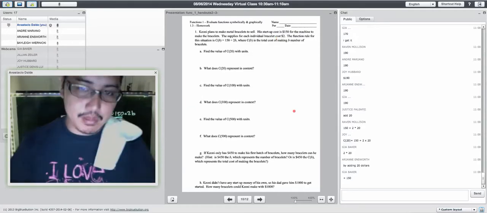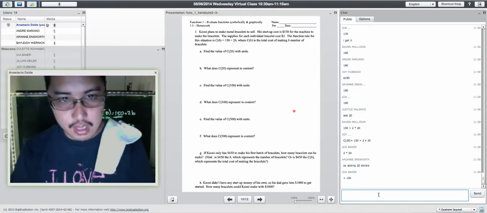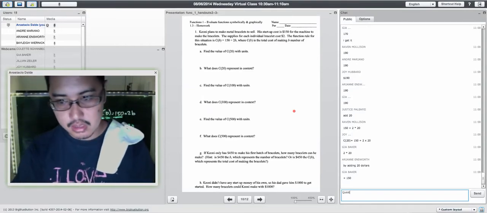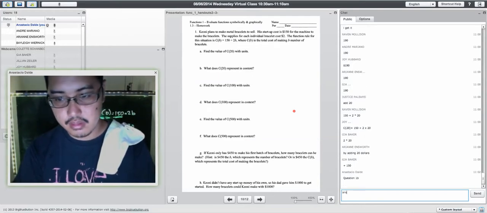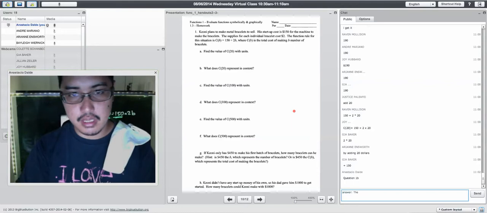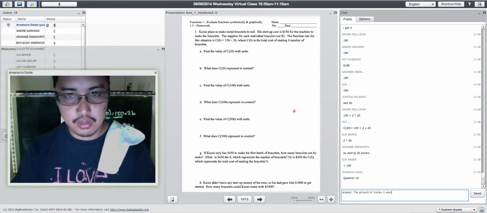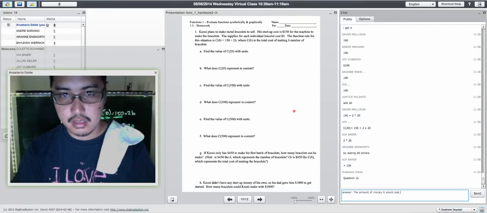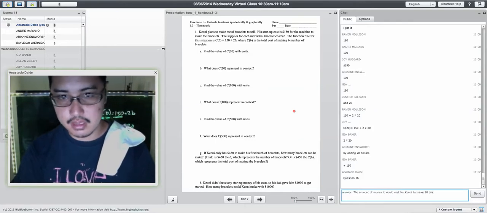That's what I would type in part B. Or not type, but I would write in part B. I'll write it down for you. Question 1B. The answer. The amount of money it would cost for Keone to make 20 bracelets.